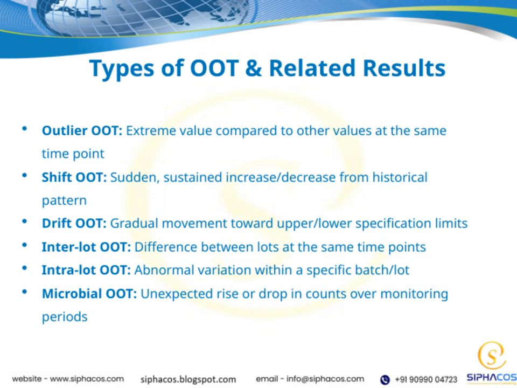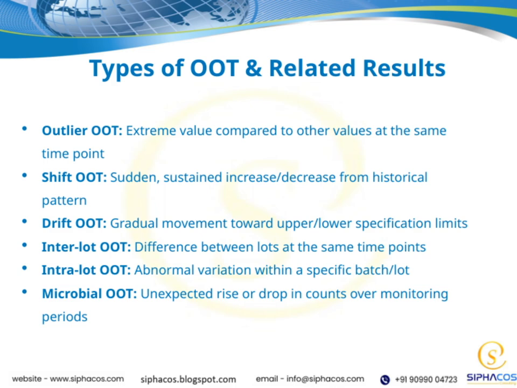Then there's drift OOT, which involves a gradual movement towards the upper or lower specification limits over time, often signaling a slow shift in process stability. We also have interlot OOT, which points to differences between different lots at the same time points, highlighting variability across batches.